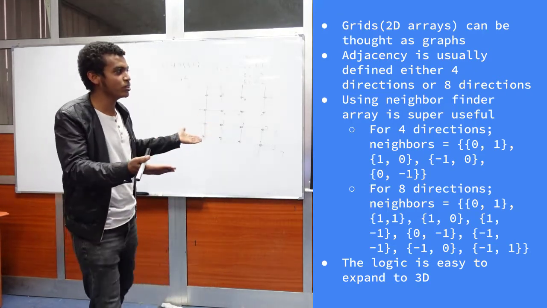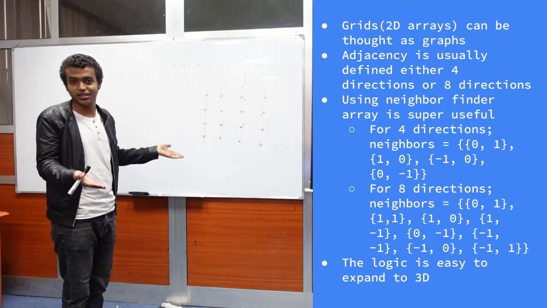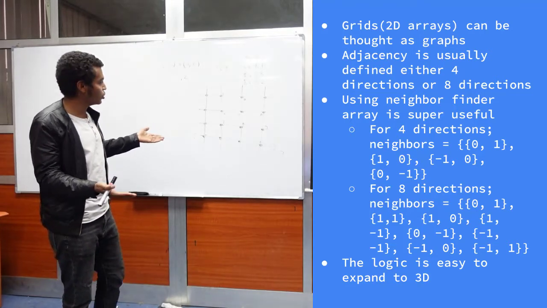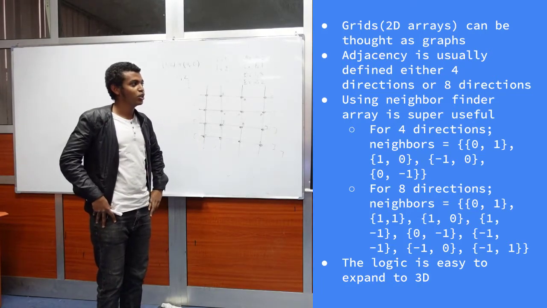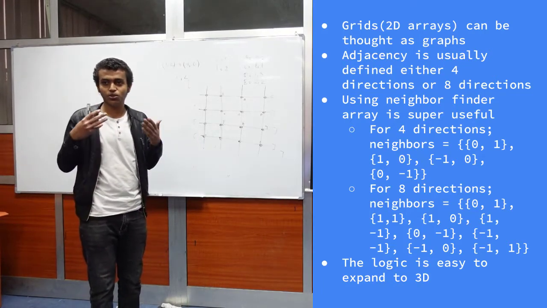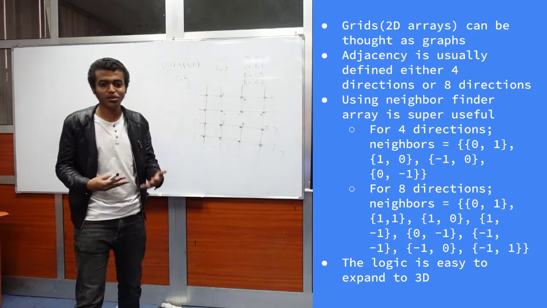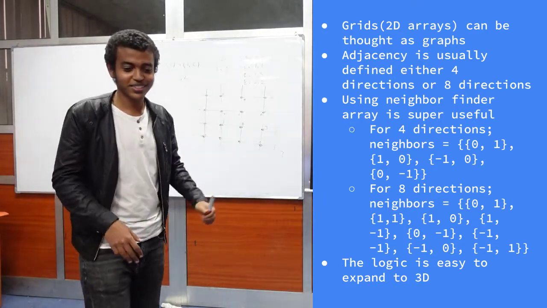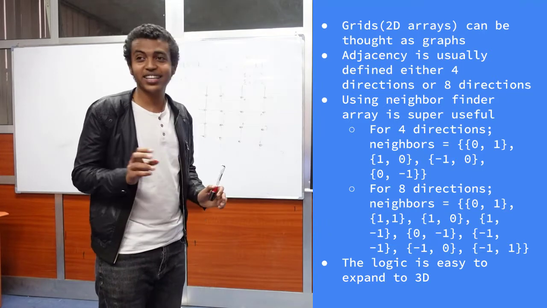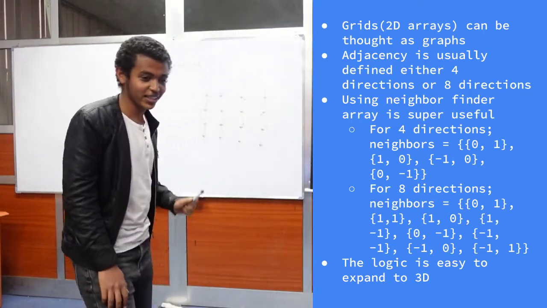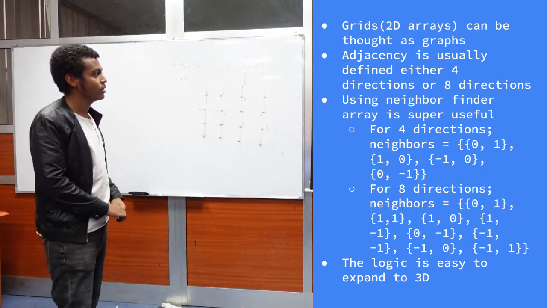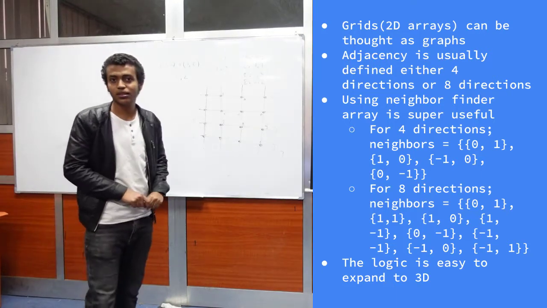You are still going to use vectors, but you're not going to use a 2D vector. You're going to use a 3D vector, and your number of neighbors would increase. So think about it, and if you want to talk about this or anything exciting, talk to me later. So that's it about representing graphs or using grids as graphs.